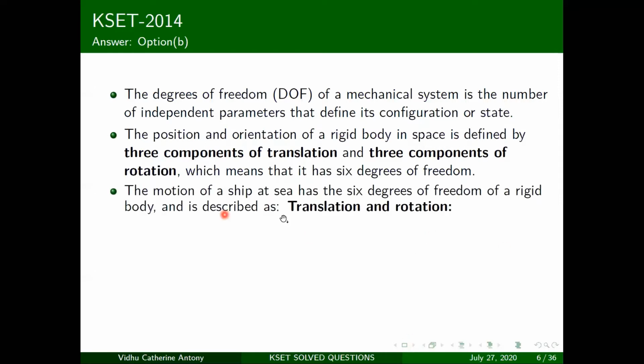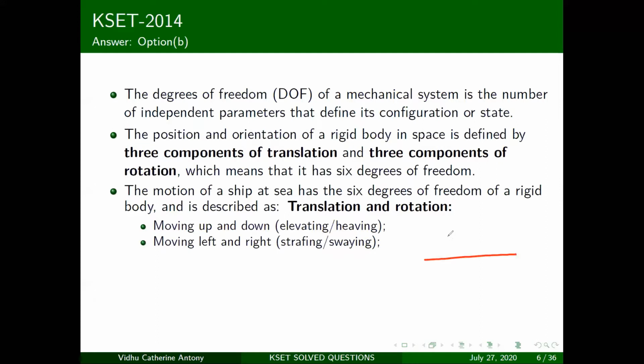I'd like to put up this example. It's a ship at sea, and the ship at sea has 6 degrees of freedom. I don't know if you've seen in movies ships coming through a storm and things like that. A ship would move up and down. Let's just put this as a ship.